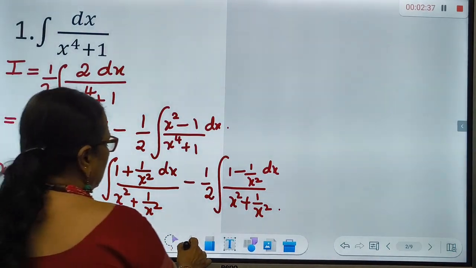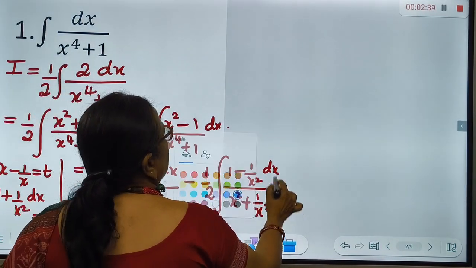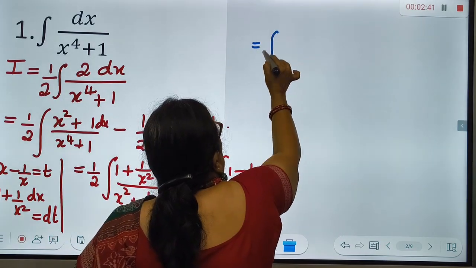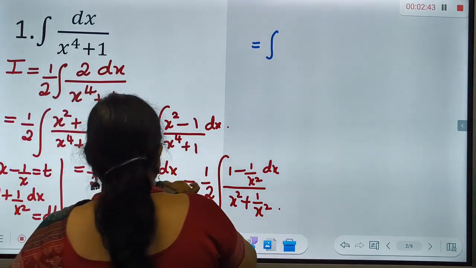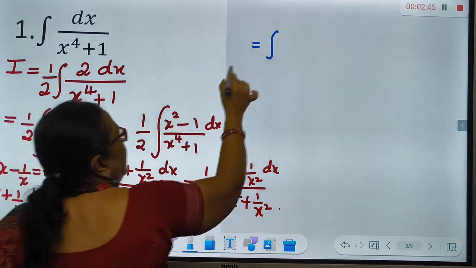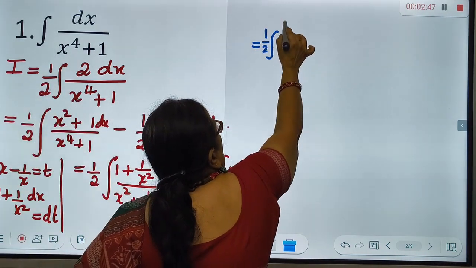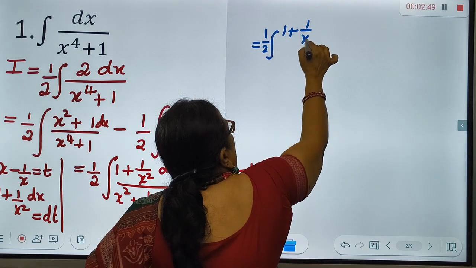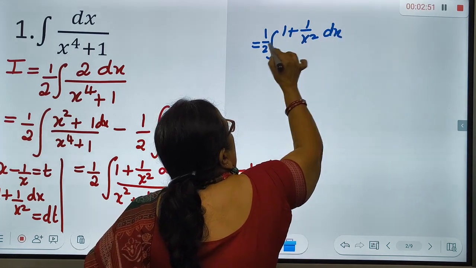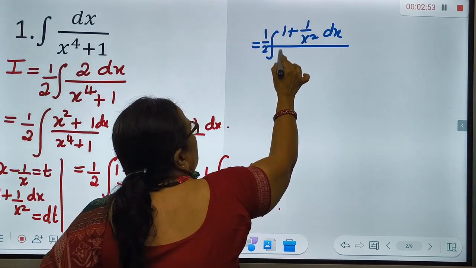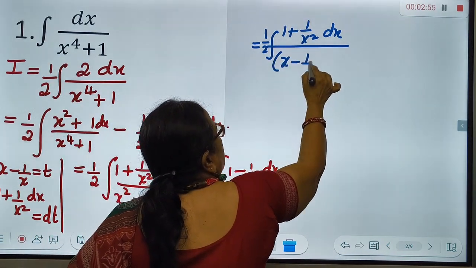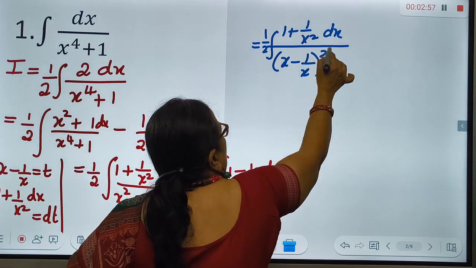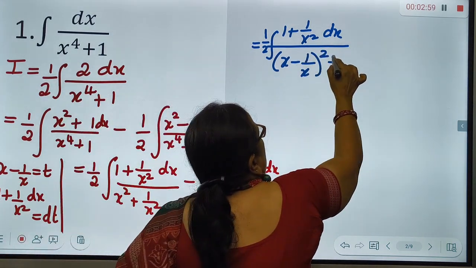So now I'm going to rewrite this as integral of, what is the first one? Half into 1 plus 1 by x square dx by x square plus 1 by x square. I'm going to write it as x minus 1 by x the whole square plus 2.